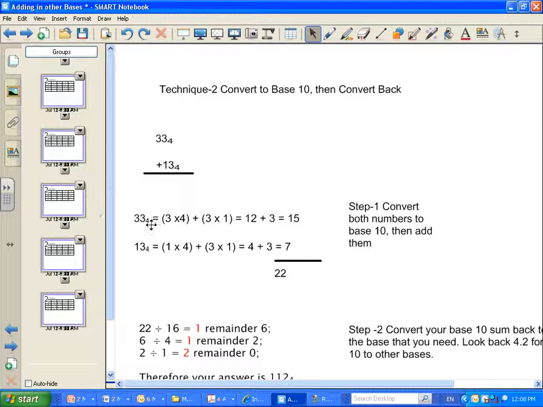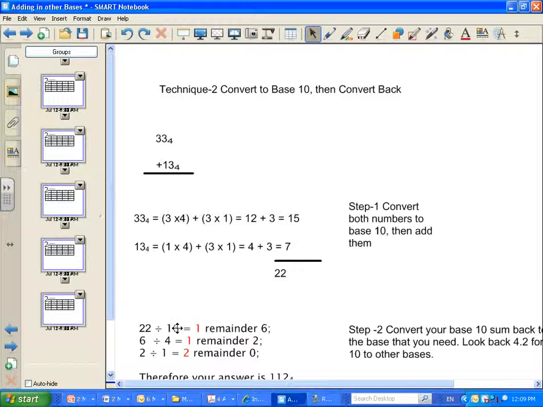You see the base, you see what number you need, and you have to understand that whatever's in the tens position means 4 to the second power or whatever. So the position lets you know what exponent. So it ends up being 12 plus 3 equals 15. To change 13 base 4 into base 10 is 7. So 15 plus 7 is 22.